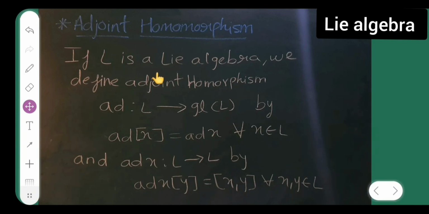If L is a Lie algebra, we define the adjoint homomorphism ad of L from L to GL of L by ad of x for all x belonging to L, where ad of x from L to L is given by ad of x into y is equal to the Lie bracket of x comma y for all x comma y belonging to L. This is one more definition which you all please do learn.